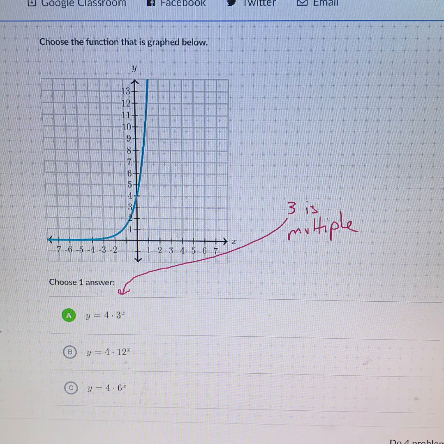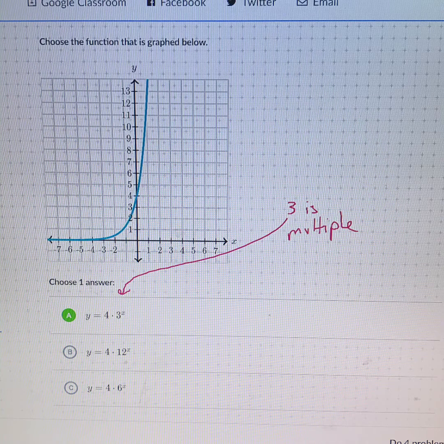For answer choice B, the base is 12, and for answer choice C, the base of that exponential function is 6. Now keep in mind what we're looking for here: because these are all exponential functions, they multiply by the same number each time. That base is the number we're multiplying by.